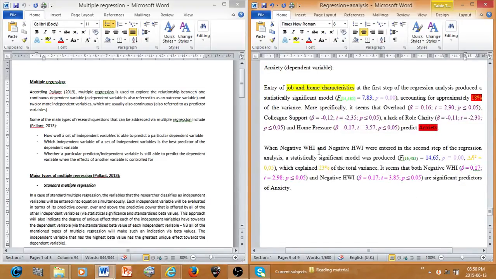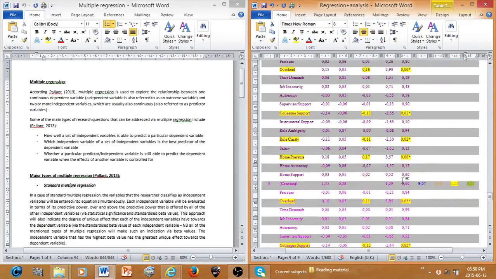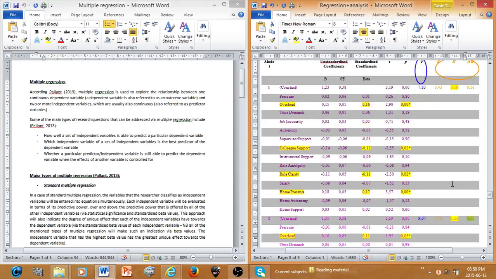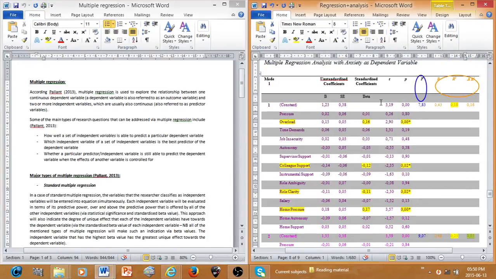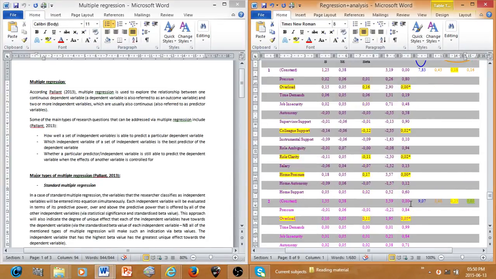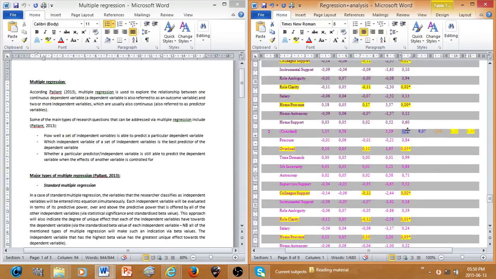When negative work-home interaction and negative home-work interaction were entered in the second step of the regression analysis, a statistically significant model was produced. Okay, because we can see, let's check the p-value. Also statistically significant.